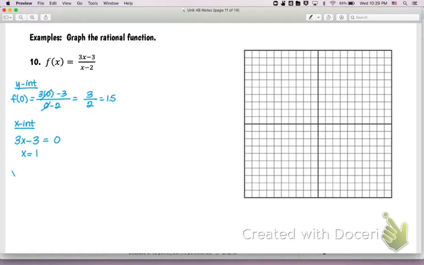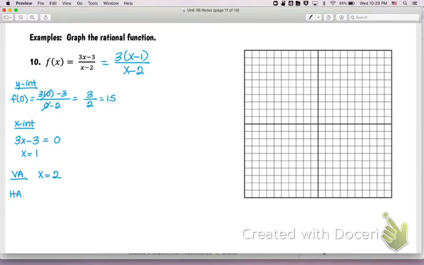Okay, now we need to know where we have any vertical asymptotes. Well, we need to check to see if this simplifies any, and we can factor the top, but it doesn't give us anything that cancels out. So remember, for vertical asymptotes, we look at the bottom of the function, and so there's going to be a vertical asymptote at x equals 2.